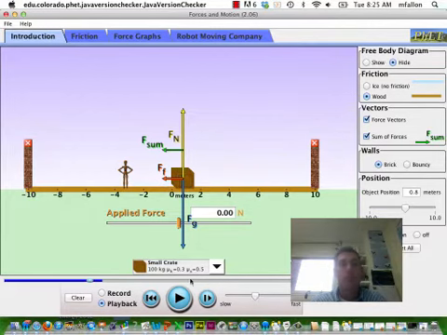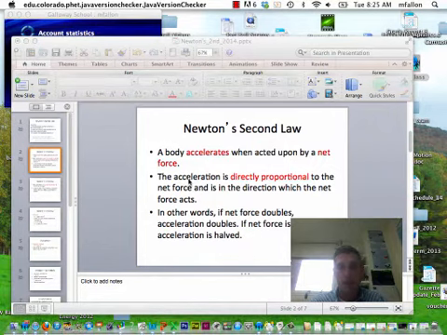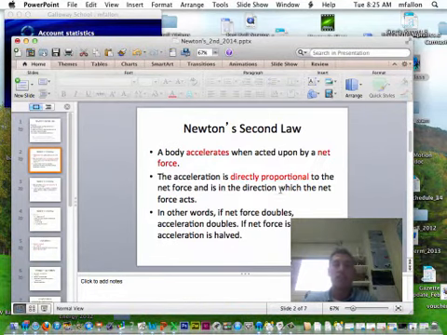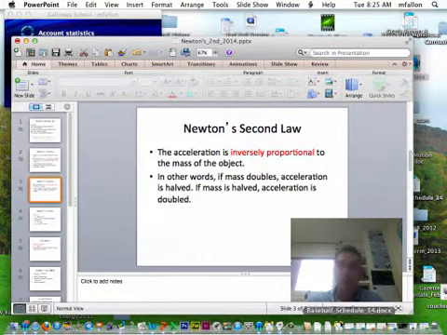When one is doubled, the other is doubled. If you cut the net force in half, the acceleration would be cut in half. That's directly proportional.